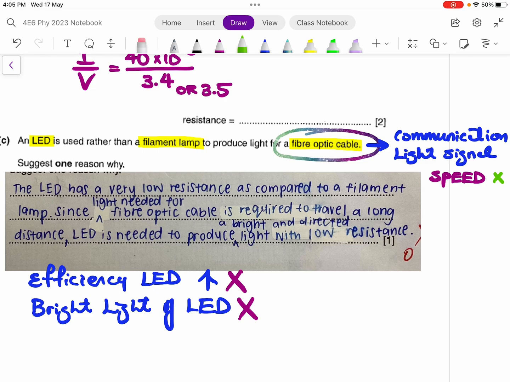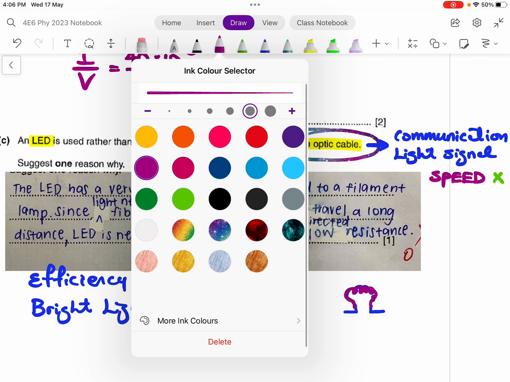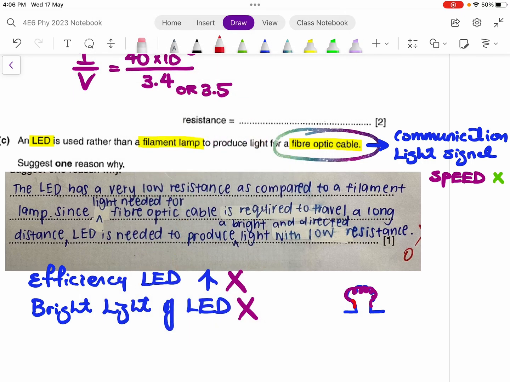Have you learned how a filament lamp produces light? You have, right? Well, a current will flow through a very thin filament wire. That wire will become hot. Then at a certain temperature, the temperature will be so high that the filament wire will start to glow, and that is how you get your light, right? So how many steps does it involve?